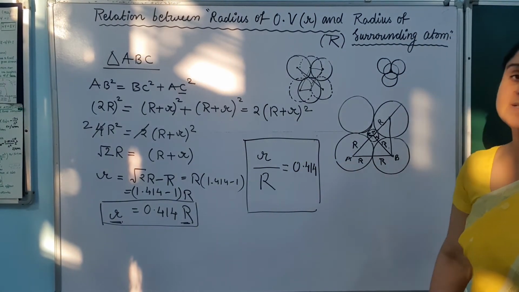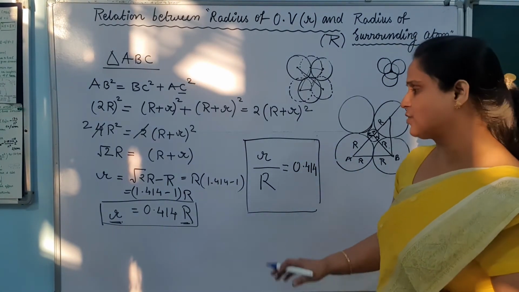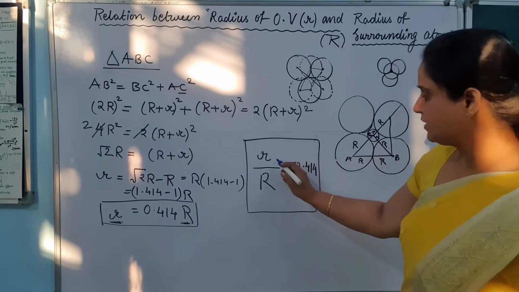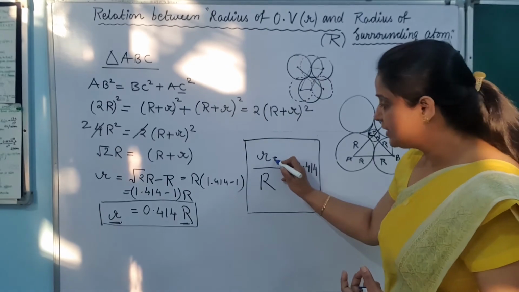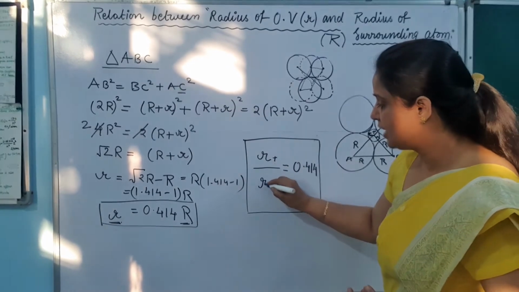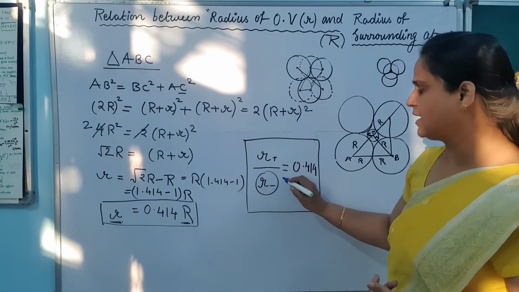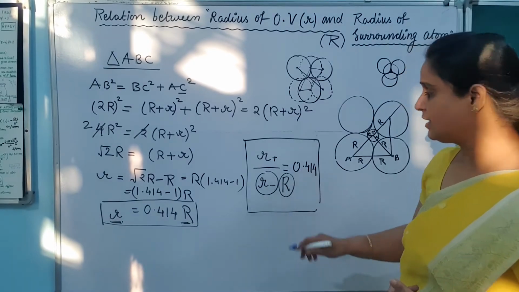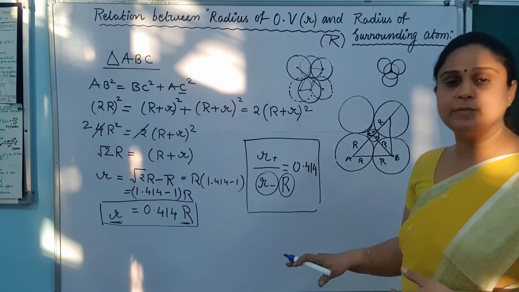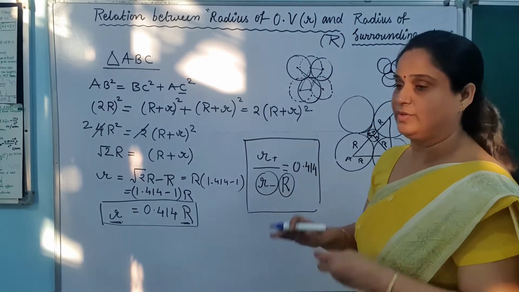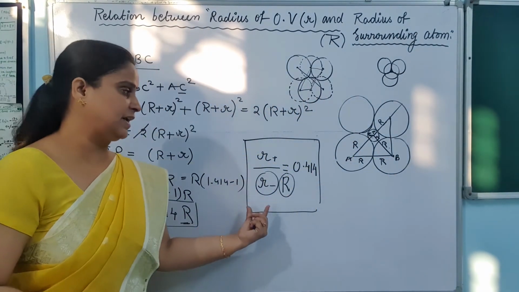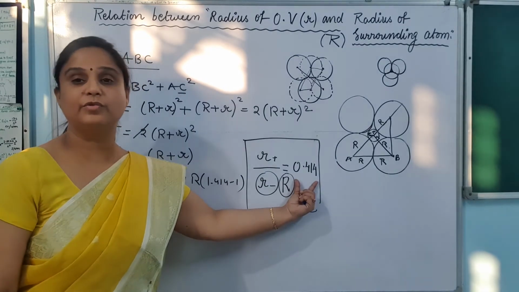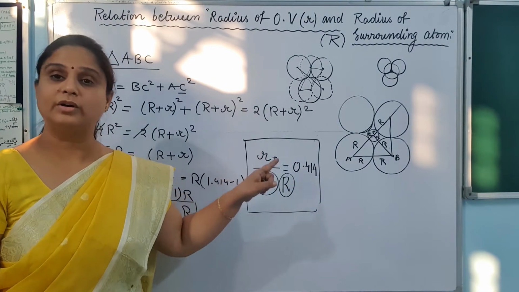In some of the books it is also given as the radius of the cation, this small r, where the cation will fit. So basically R minus we are replacing by the capital R. So radius ratio is the ratio of the radius of cation and radius of anion, which is always 0.414 for octahedral voids.